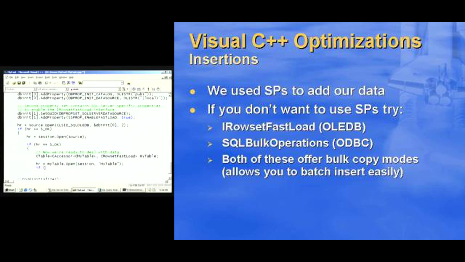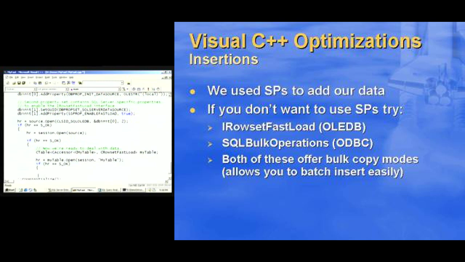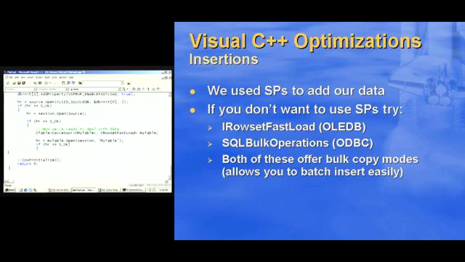Now, if this works, then we're going to insert some data. So all I'm going to do here is just a for loop, just for 100 rows. And what we're going to do is fill in those data members.